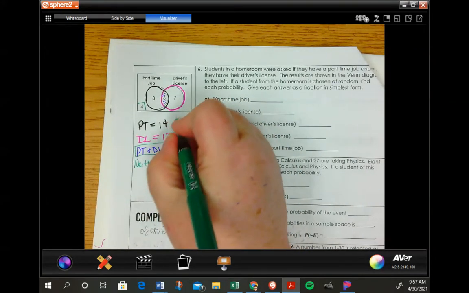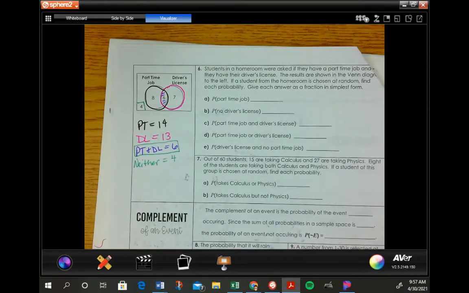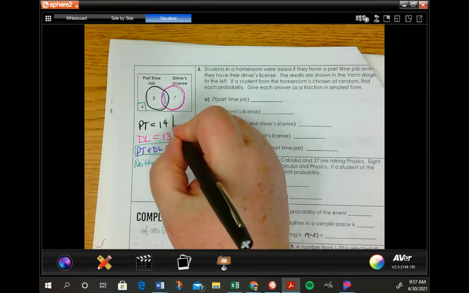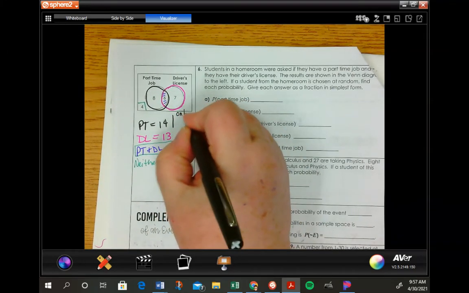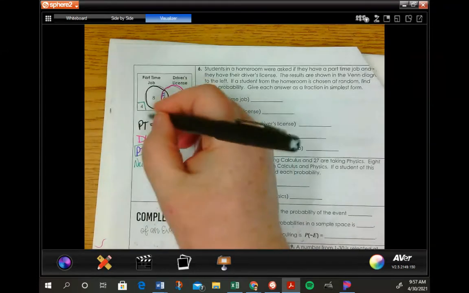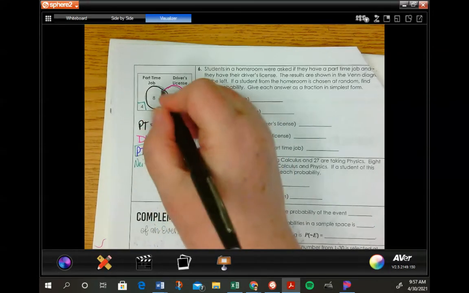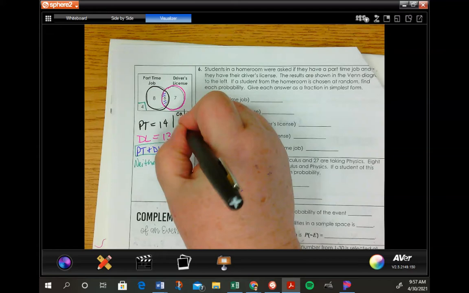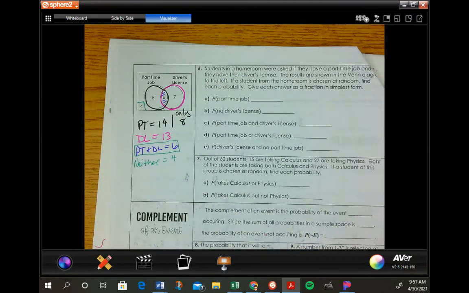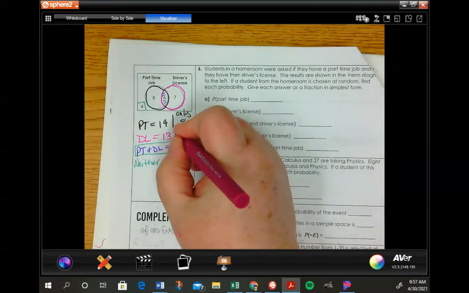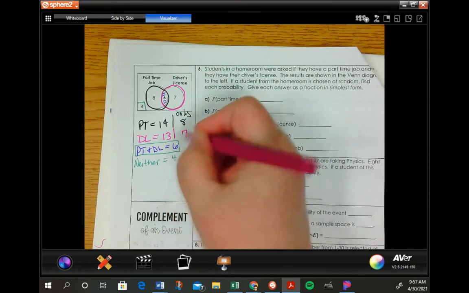So only, if we only did part-time job, that would be the 8. If we only did driver's license, that would be 7.